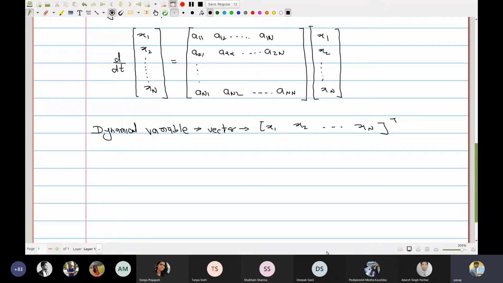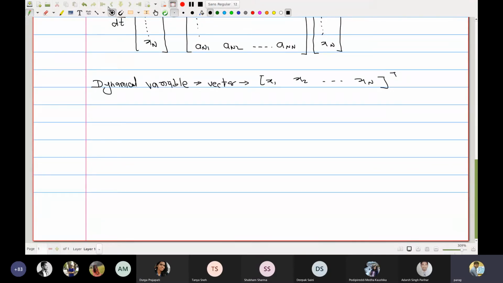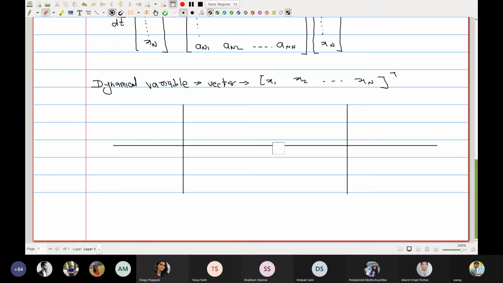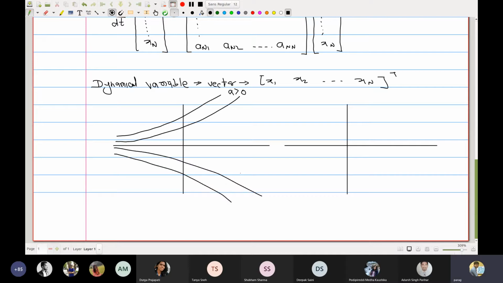And in the previous case, what you saw was that you drew a phase portrait, and the way the phase portrait looked in the previous case was something like this. For a greater than 0, you had the solutions blowing up. For a less than 0, you had solutions converging to 0.